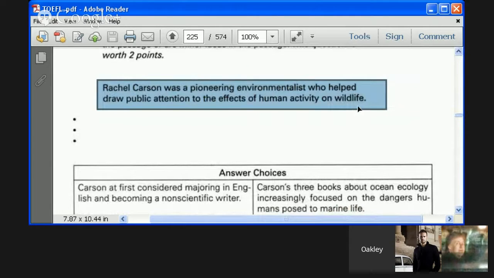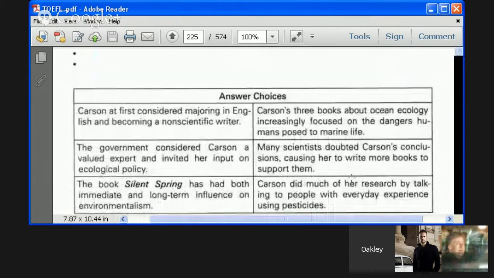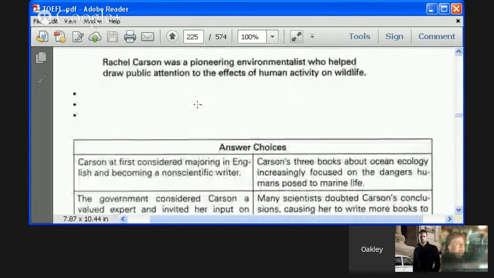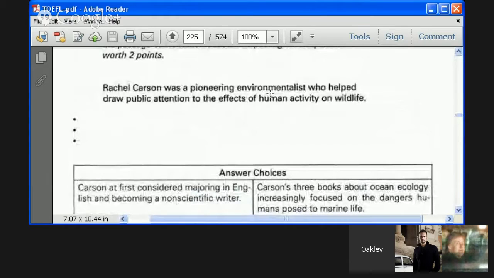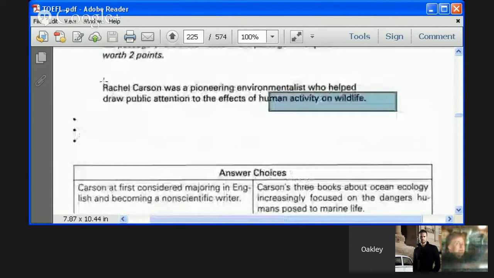There's no mention of her research here. Again, often, look at the keywords. Are the keywords matching up? Okay, influence on environmentalism, human activity on wildlife. They're very similar. Nothing about research, not even close.